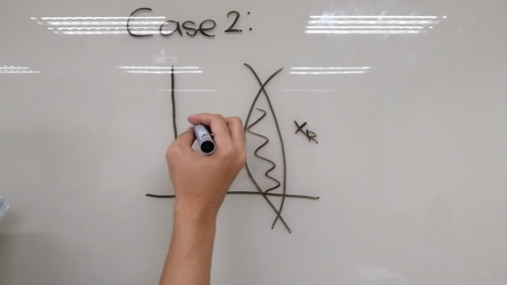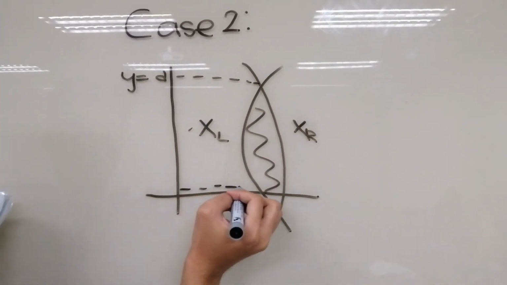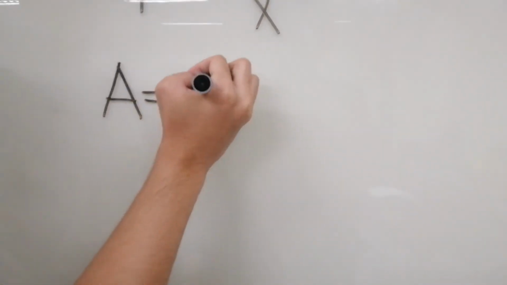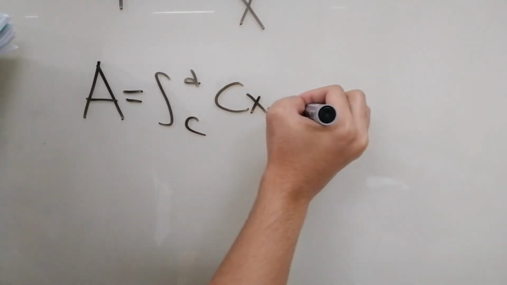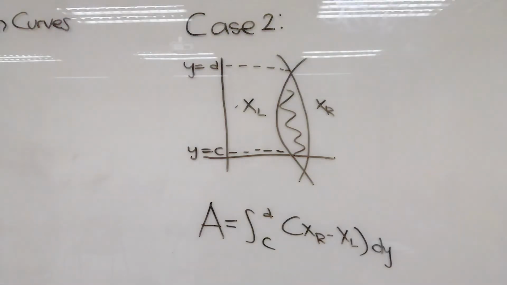Next is for using the horizontal elements, wherein the area is equal to the integral of x_r minus x_l times dy. It pertains to x sub right minus x sub left, where x_r and x_l are functions of y.